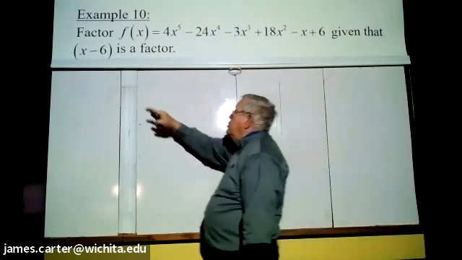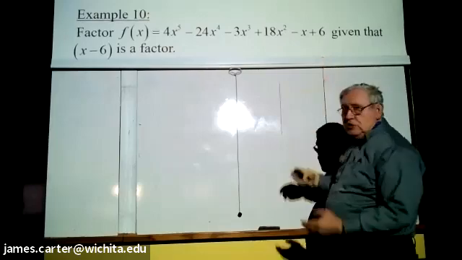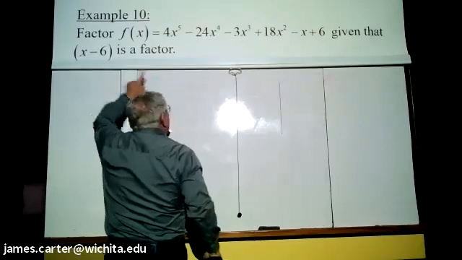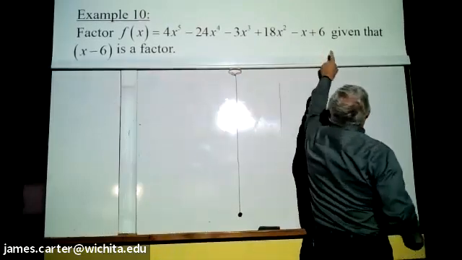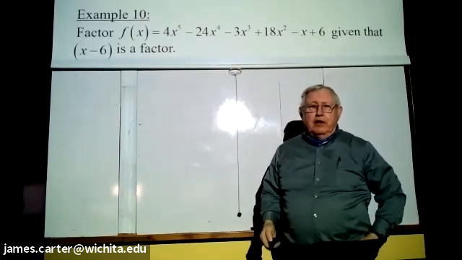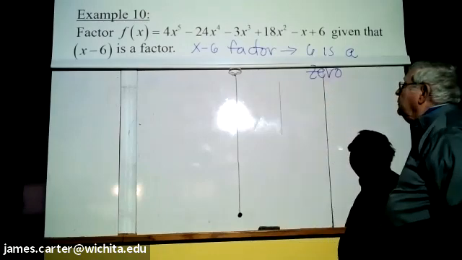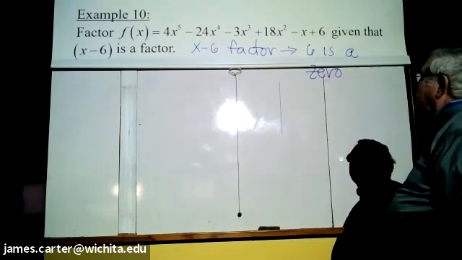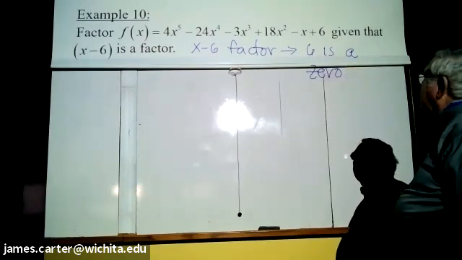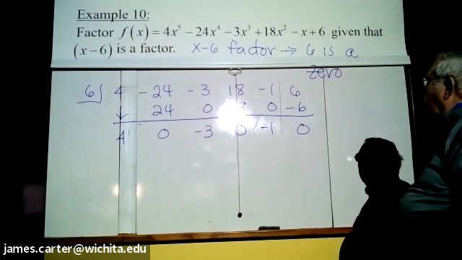What if this had been a 2? Well, 2 goes into 6, so we could still try it. But if this number won't go into that number, it can't come out without a remainder. It has to have a remainder. Okay, so speculating is x equals 6. So here's the work on it. They've already shown all the work.